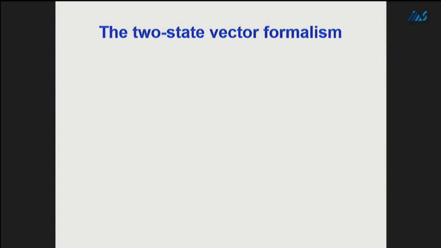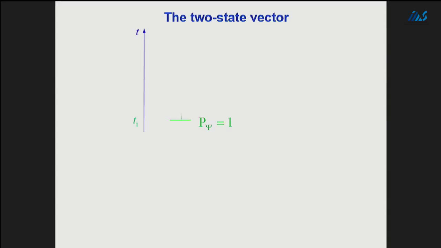Two-state vector formalism. Standard quantum mechanics tells us that when we make a measurement, we prepare a state psi that evolves forward in time. The two-state vector formalism tells us that if we make another measurement and we find some other quantum state phi, we should propagate it backward in time, and in between it has the same meaning as this one.